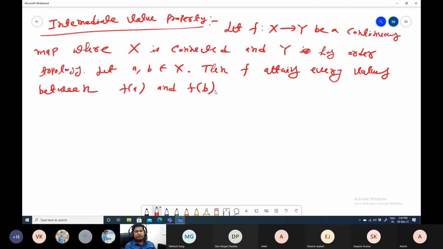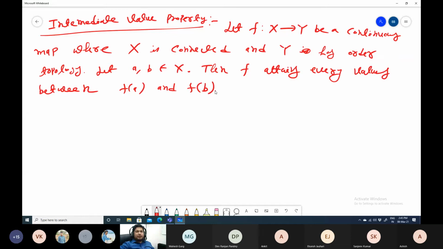And in real analysis, you have seen that this is true for any function from R to R. Remember that R is connected and R has the order topology. So that works for R to R as well. You can take X equal to R with usual topology and Y equal to R with usual topology, right? Because R with usual topology is connected, and it is the same as the order topology.